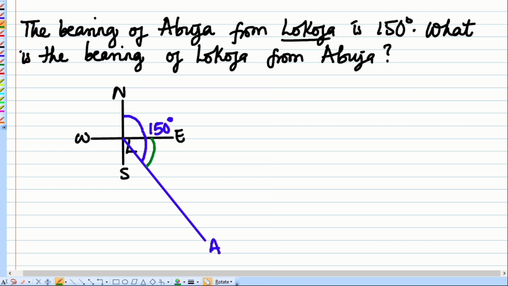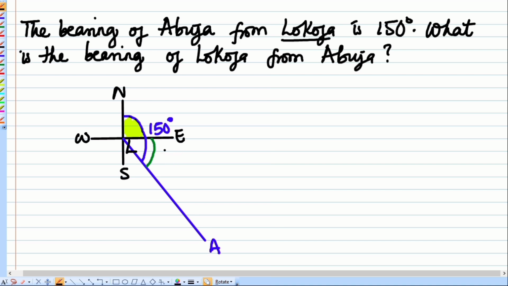If the whole of this is 150 degrees, we subtract 90 from 150, because that angle obviously is 90 degrees. If we subtract 90 from 150, we'll get the remaining angle there. Does it make sense now? So this angle here would be 150 degrees minus 90 degrees, and that will give us 60 degrees.